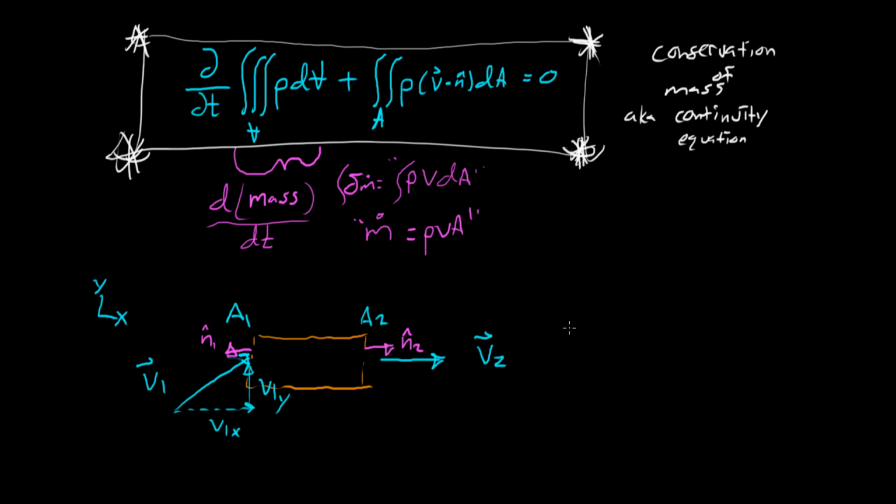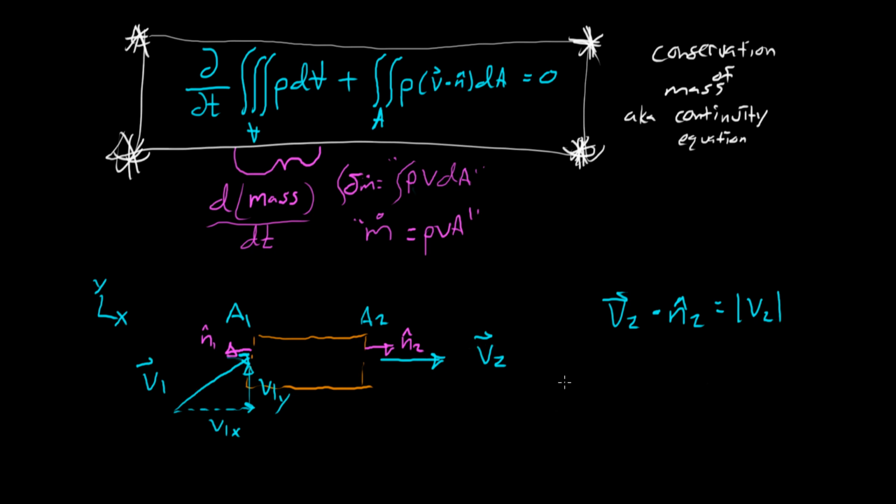Just a little bit of vector math to remind you here. These two are in the same direction, so v2 dotted with n hat 2 is just equal to the magnitude of v2. It's all there.